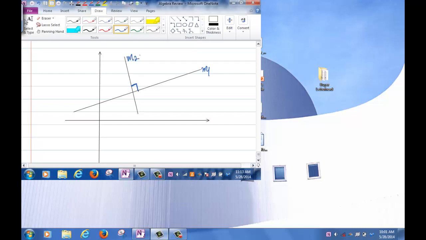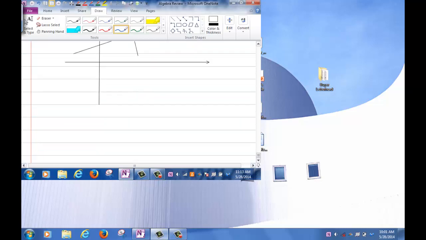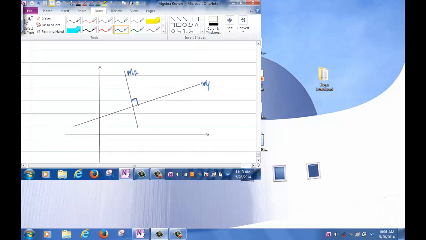So what's the relationship between m1 and m2? M1 slope is the inverse of m2. So basically m1 multiplied by m2 is equal to negative 1. In other words, m2 is the negative reciprocal of m1.